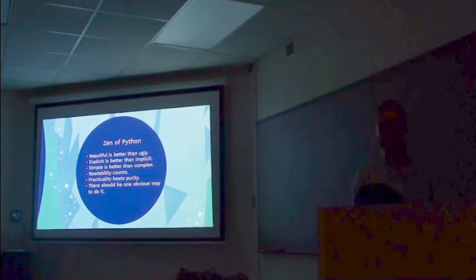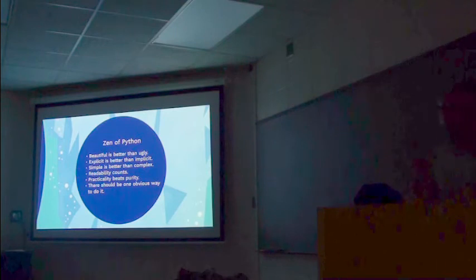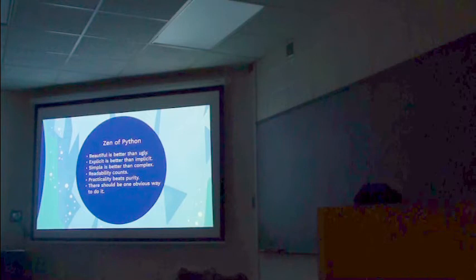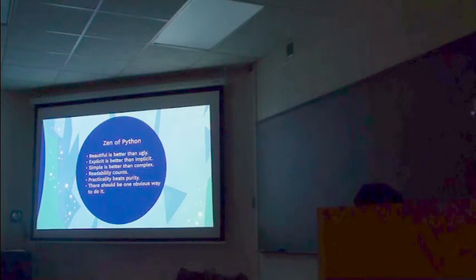So in Python, the idea is there should be one obvious way to do it. And while that might make life boring for somebody, it will also mean that you don't have to try and compare different solutions and things of that nature. So you'll get to one solution and one solution only.